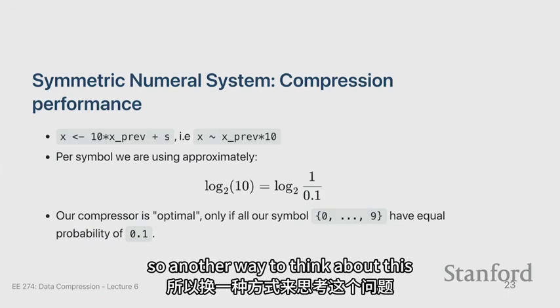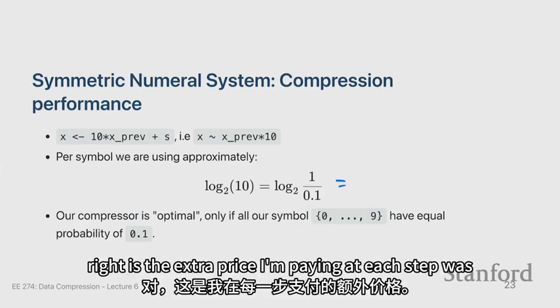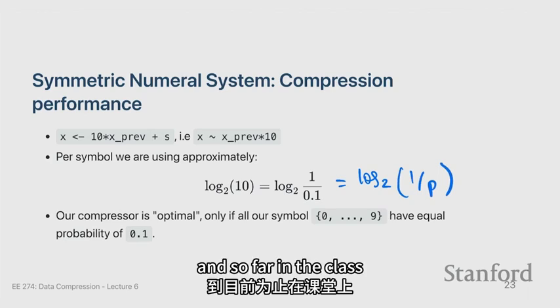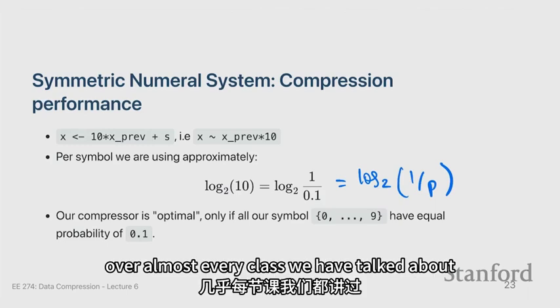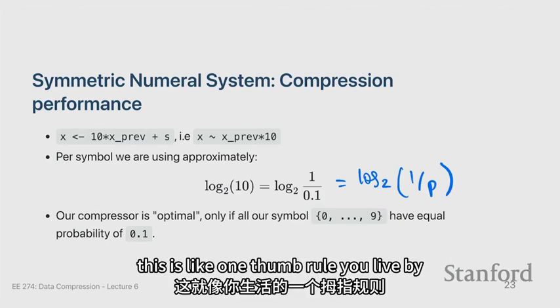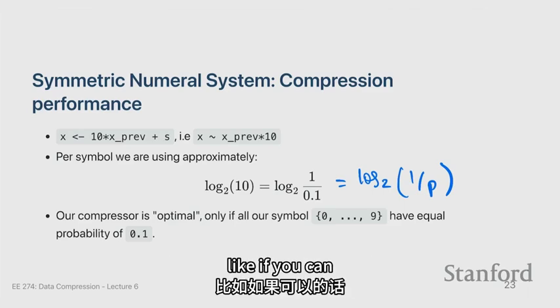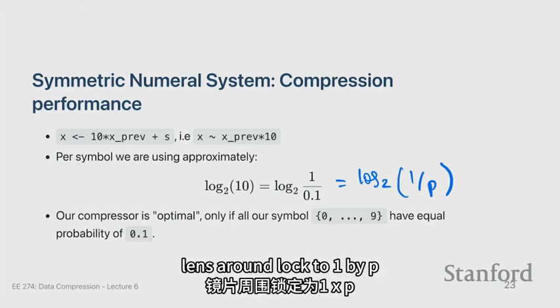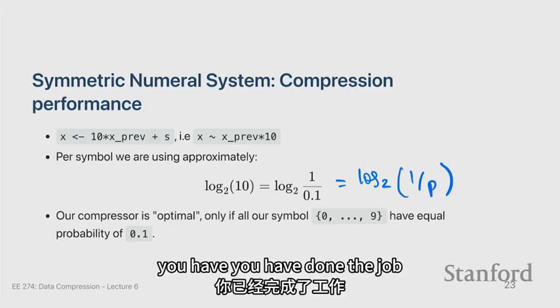Another way to think about this, right, is the extra price I am paying at each step was this. And so far in the class, over almost every class we have talked about, this is one thumb rule you live by. If you can get a compressor which gives you lengths around log 1 by p, you have done the job.